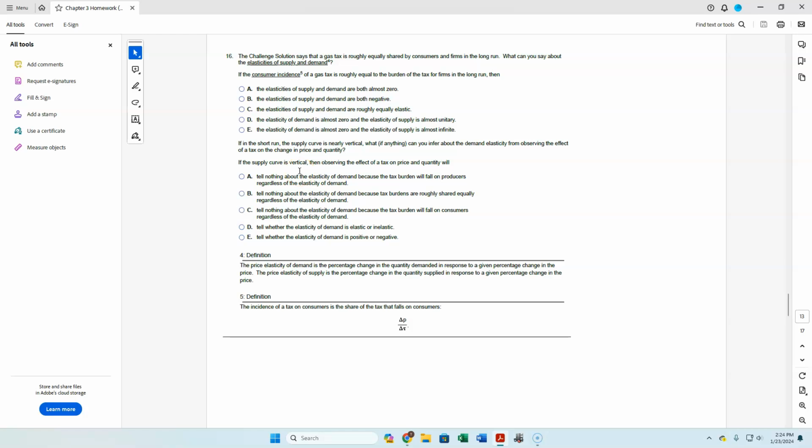And the reason why, if the supply curve is vertical, then looking at the tax on the price and the quantity, it's not going to tell us anything about the elasticity of demand because all the tax would be falling on the producer, because that supply curve is vertical. We'd have no idea about the elasticity of demand from just the price and the quantity itself.